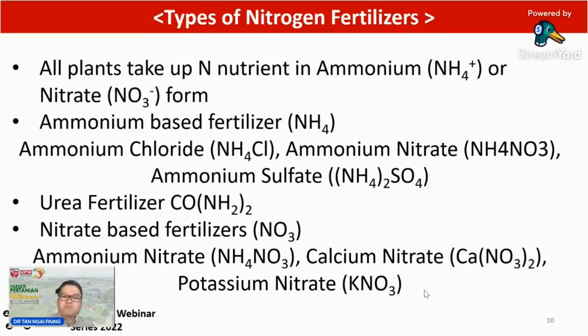Especially for oil palm plantations, they always like to use ammonium chloride. Last time they used to use ammonium sulfate. And for crop trees, orchard trees, mostly they like to use much more premium nitrogen fertilizers such as calcium nitrate and potassium nitrate, which is quite popular.